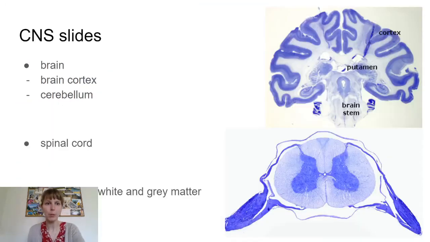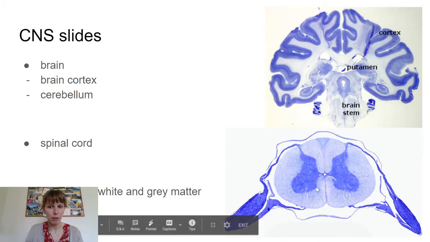So that was the blood-brain barrier, and now let's get to the slides. We will be looking at both the brain and spinal cord. From the brain we will be looking at the brain cortex and cerebellum specifically, and for the spinal cord we will have a cross-section of the whole spinal cord.